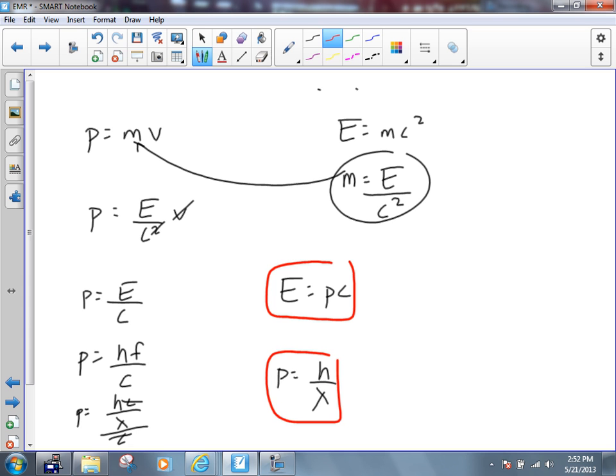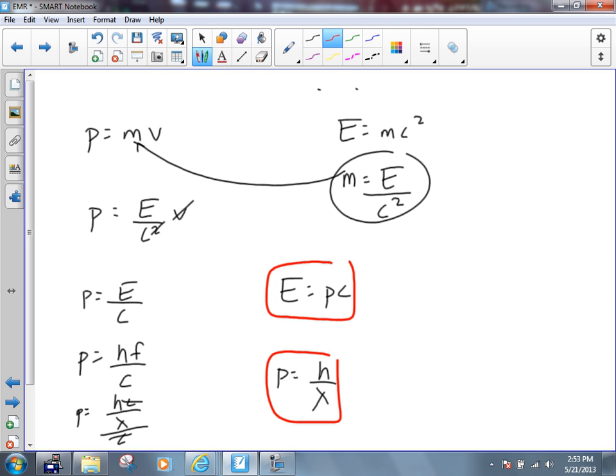If you look in the top right-hand corner, you're going to see E equals mc squared. You're also going to see E is equal to p times c. You're also going to see p is equal to h over lambda. If you're asked to find the momentum of a car, let's use p equals mv. A baseball, let's use p equals mv. The momentum of the electron, it has mass, so let's use p equals mv.